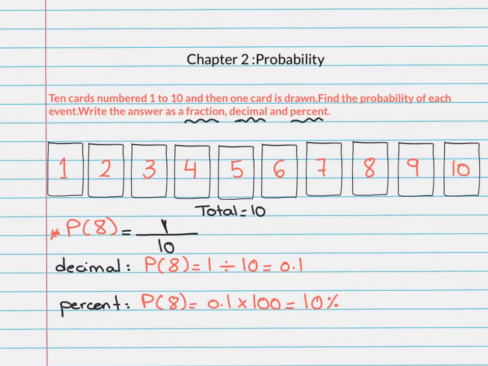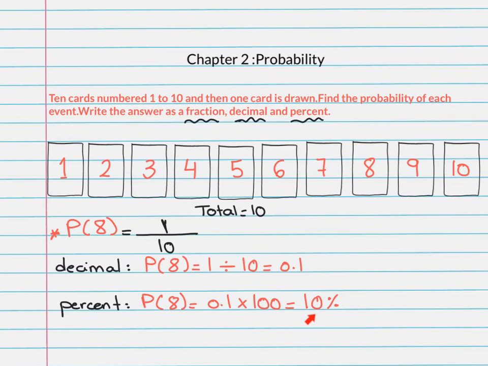There is an important note here. When you write your probability as a decimal, the decimal number is always 1 or less. You can never get a probability that is 1.2. That means the probability as a decimal should be between 0 and 1. It can never be 1.2, 1.3, never. As well as a percent, your maximum percentage would be 100.